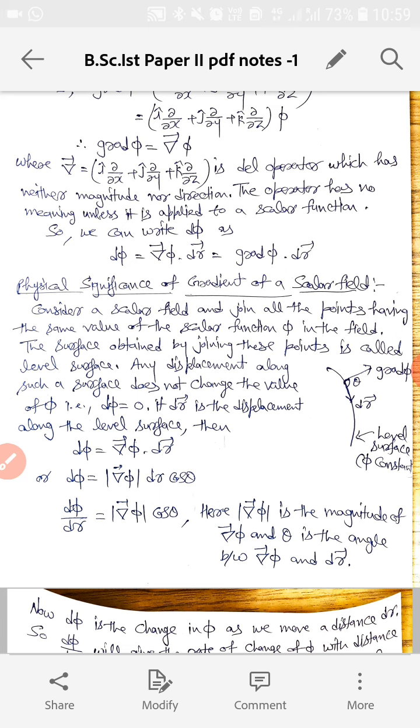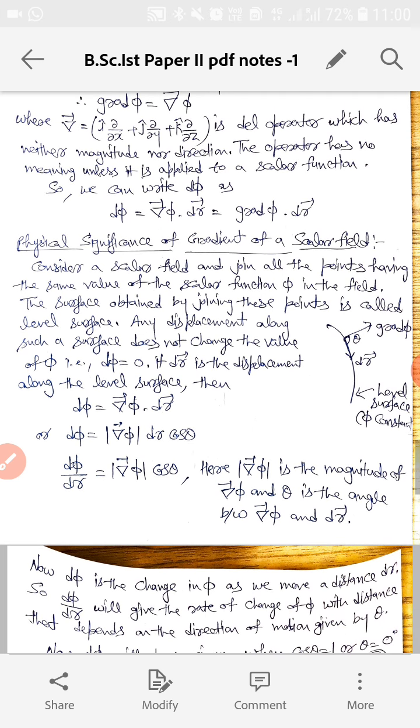Now we want to discuss the physical significance of the gradient of a scalar field. Consider a scalar field in which the scalar function is defined at all points. Suppose we have many points having the same value of the function at different positions.